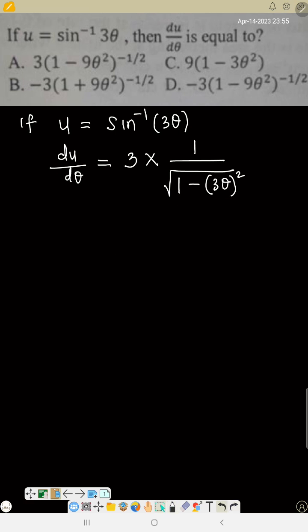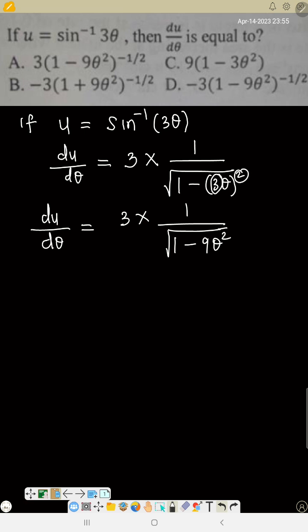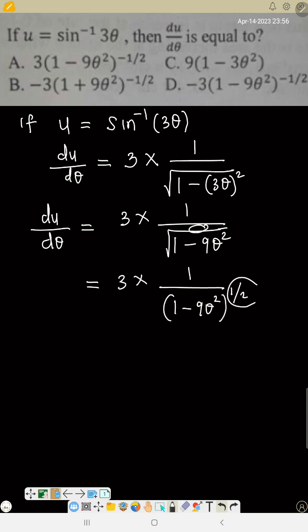So we have du/d theta is equal to 3 times 1 over root 1 minus 9 theta square, because 3 square is 9 and the theta also will carry the square. So now this is the same thing as 3 times 1 over 1 minus 9 theta square raised to power half, because the root is power half.